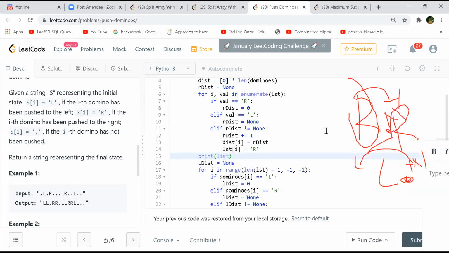Whenever you find a value R, your next value actually will be R, because it will fall on the right side. And that is the reason initially the dots were none. So all of the R distance or whatever the values are, they will all be none.